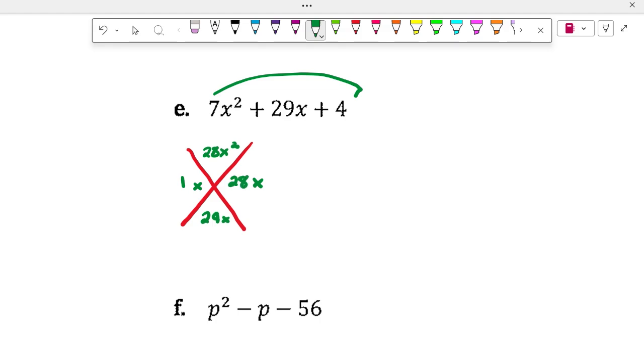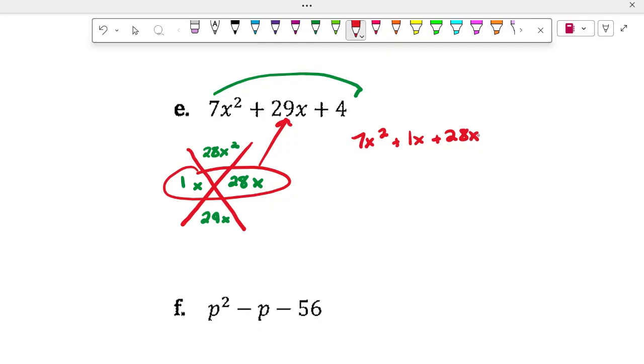All right. So if I rewrite this, where I'm replacing the 29x, I have 7x squared plus 1x plus 28x plus 4. Now, since I did reverse box for the last one, I'm going to do T for this one. So I'm going to draw my T. What's my GCF of the first group? X. What am I left with? 7x plus 1.